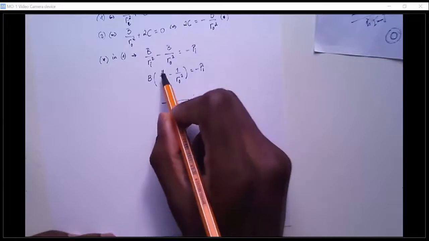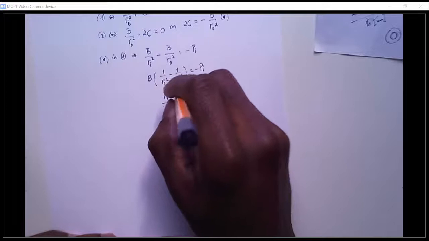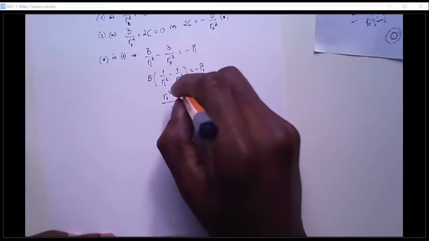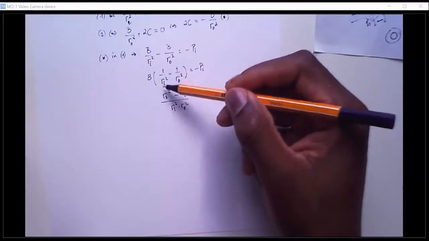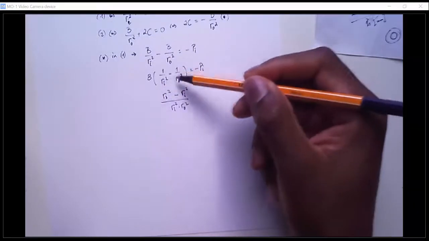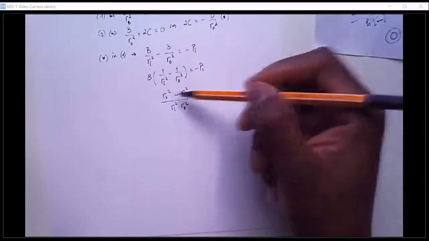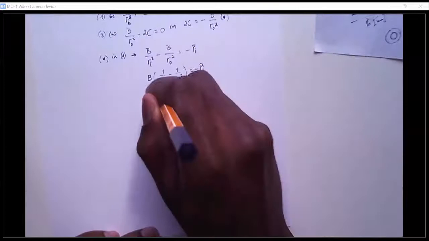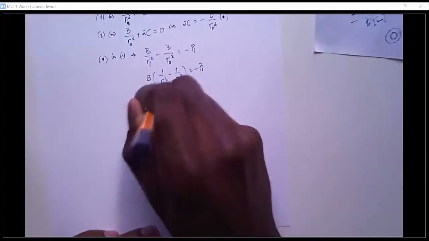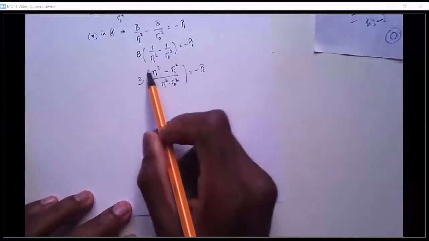So on this side we're gonna have ro squared, and on the other side we're gonna have ri squared. Basically, we multiply the left fraction times ro squared at the numerator and the denominator, and for the right fraction we multiply times ri squared, and then we could just subtract one from the other. Times b equals minus pi, and then we can send this factor to the other side.